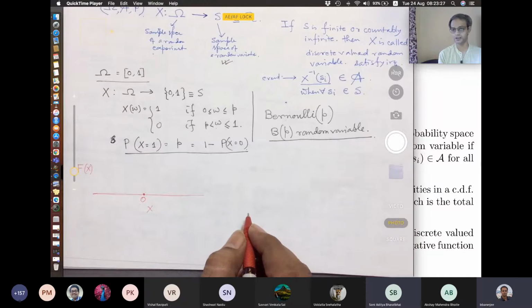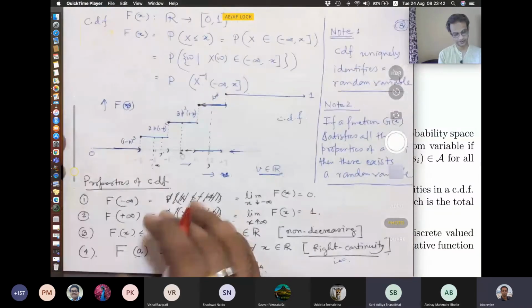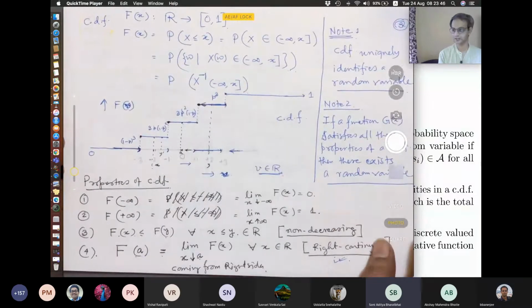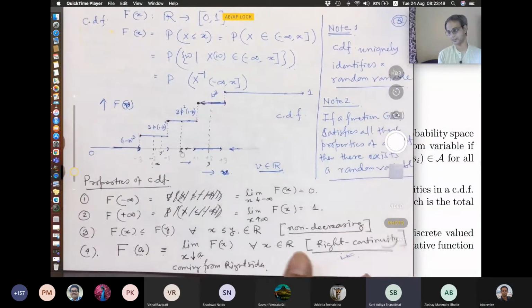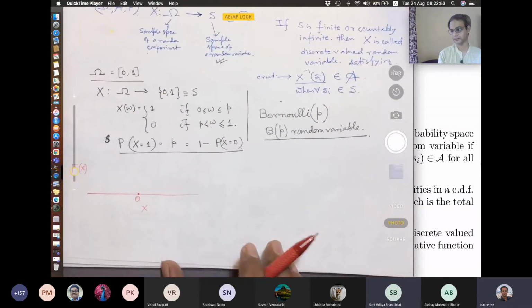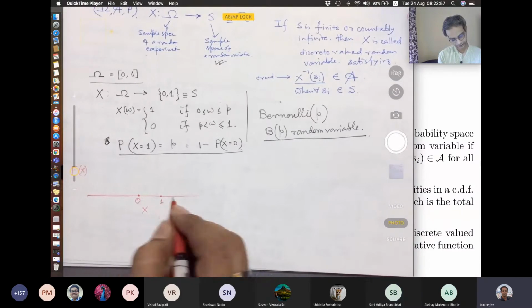Why p? What are the values x can take? All real numbers. All real numbers will have a jump? No, where you will have jumps? Sir, at 1. Yes, at 1. Correct.